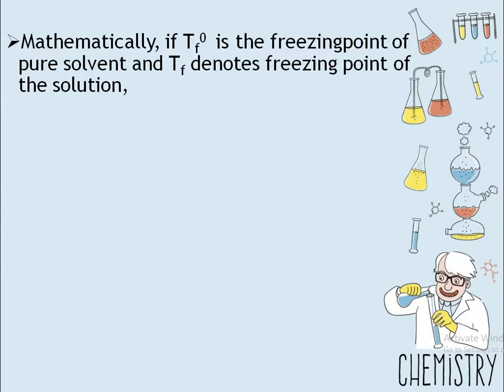If we take Tf naught as the freezing point of a pure solvent and Tf as the freezing point of a solution, then we know that the solution has a lower freezing point as compared to the pure solvent. So we can write Tf naught is greater than Tf, meaning the freezing point of a pure solvent is more than the freezing point of a solution.